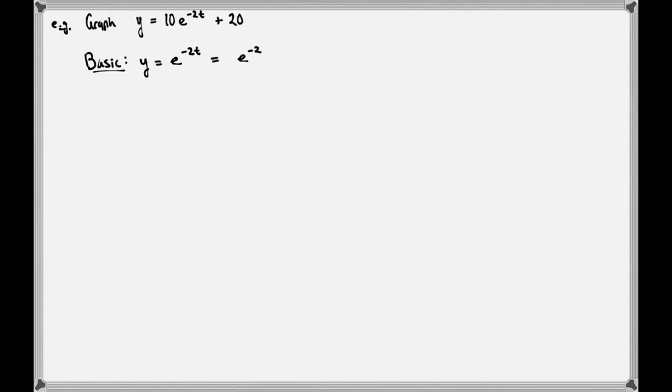So really what I'm taking is the number e to the minus 2, and I'm raising that to the tth power. So it's an exponential function, and the base of the exponential function is e to the minus 2. It's not a nice number, but I can get a feel for it. It's about 1 over 2.71. Remember, e is about 2.71, and then I'm squaring that.